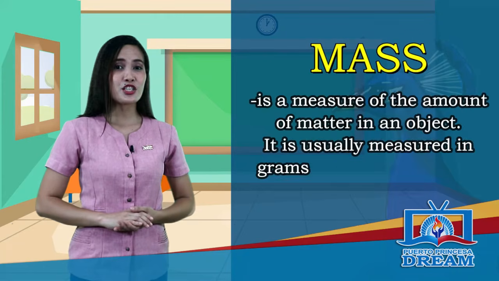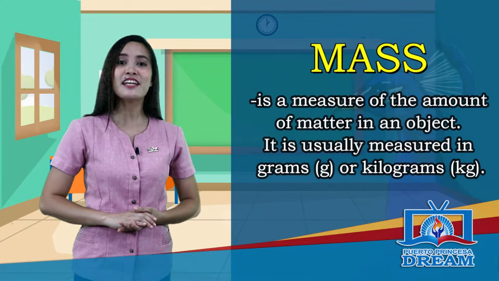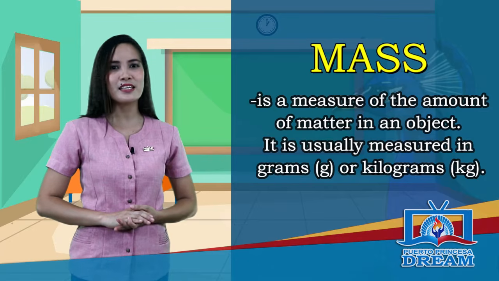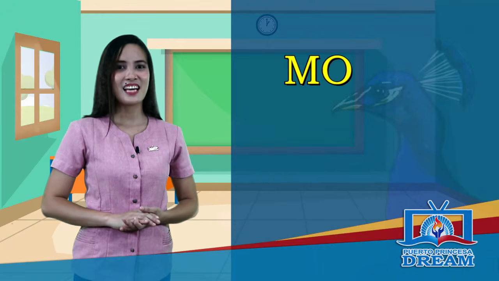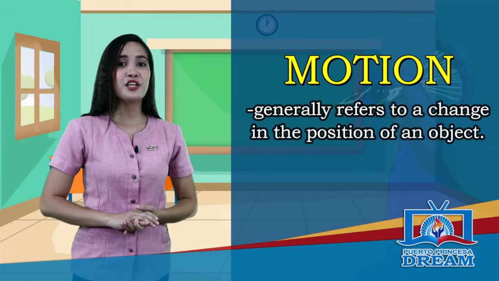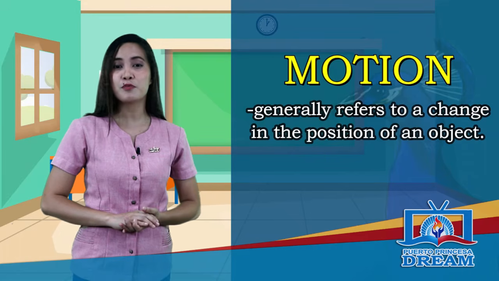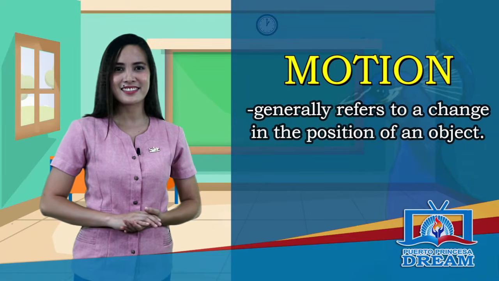Mass is a measure of the amount of matter in an object. It is usually measured in grams, g, or kilograms, kg. Motion generally refers to a change in the position of an object.